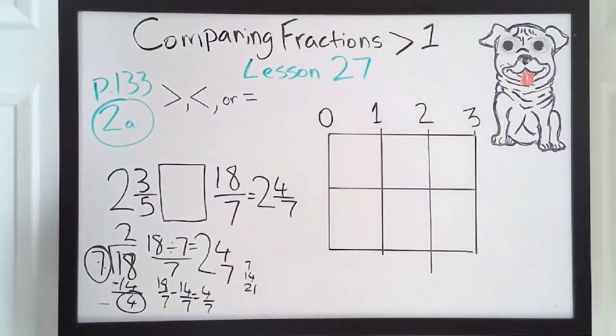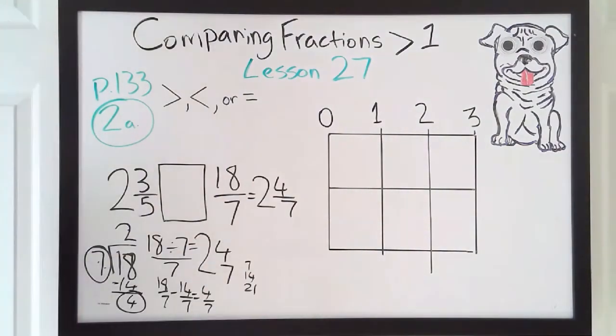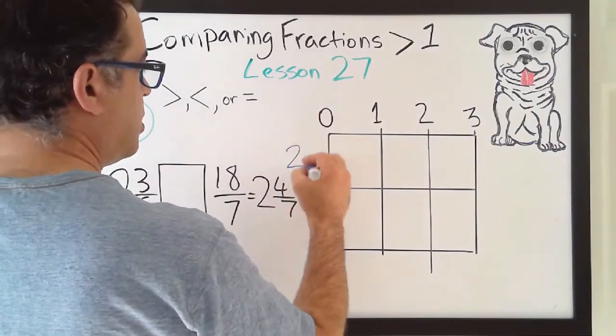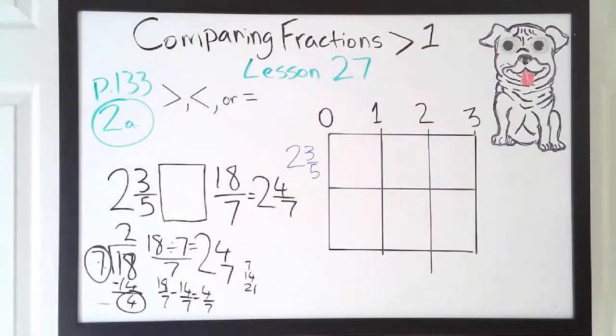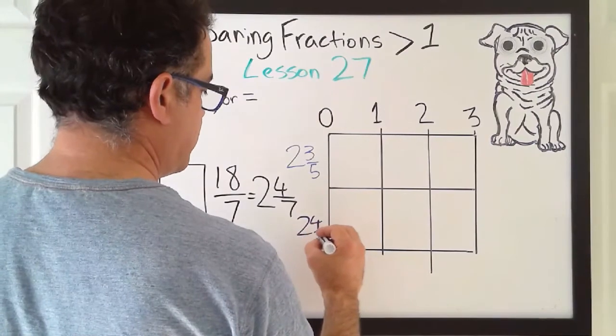Let's find out. So on the top one, I'm going to keep my black marker out, but we're going to do blue for 2 3/5, and we're going to use purple for 2 4/7.